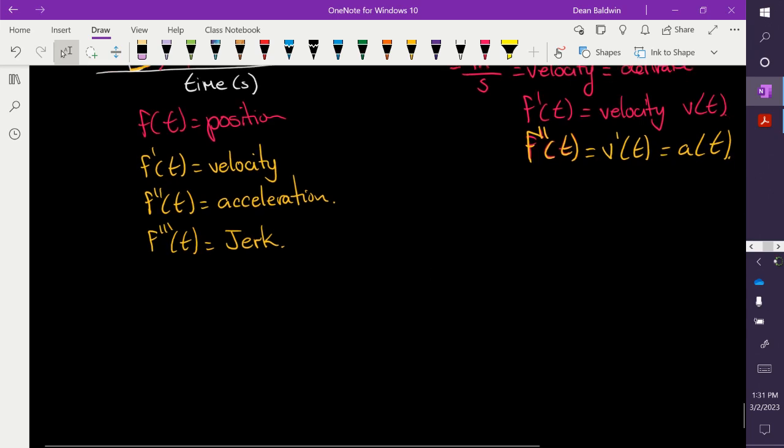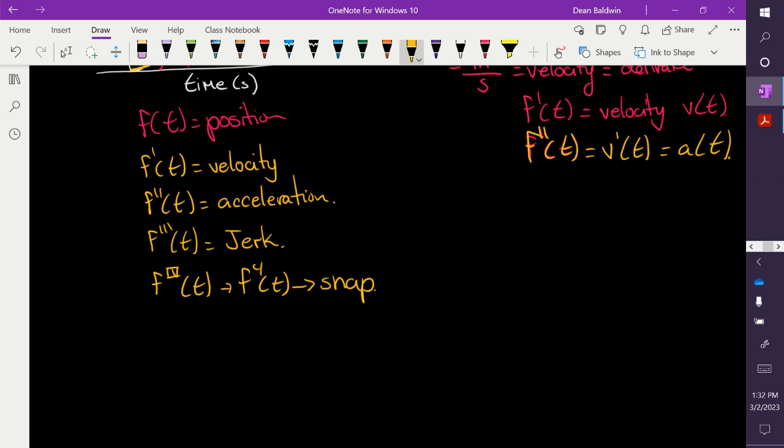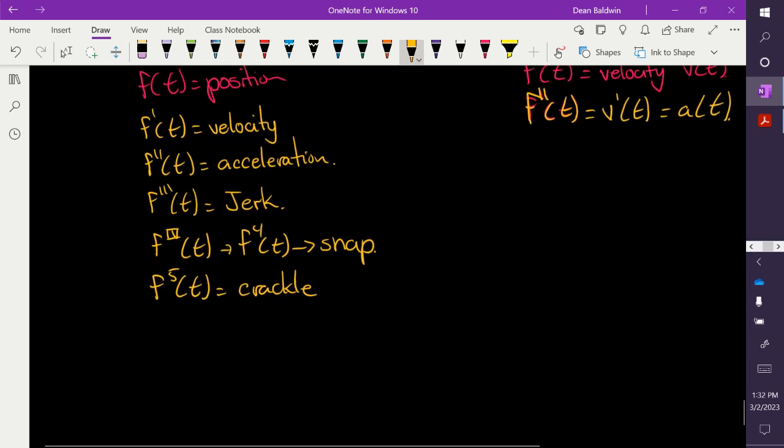You can write in Roman numerals like that, or you could just write f4 of t. So that's the fourth derivative. That is called the snap. F5 of t is called the crackle, because mathematicians are so fun. And F6 is called the pop. So it goes snap, crackle, pop. You can keep doing derivatives as long as you want. Okay?